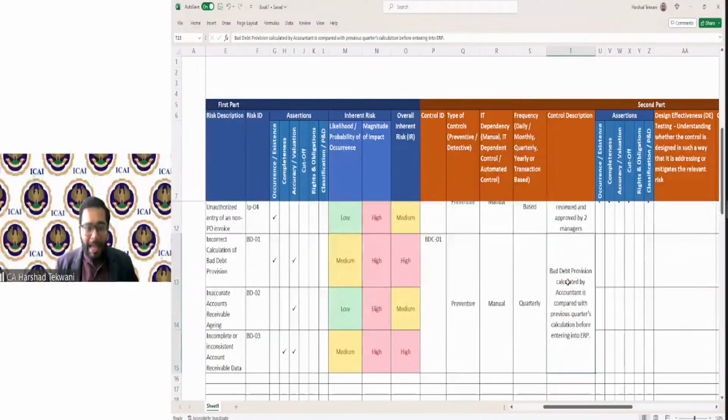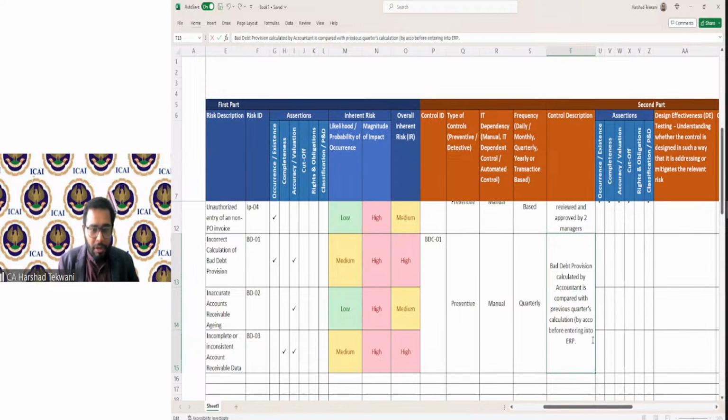That comparison is done by the accountant only, before entering into ERP. Okay, this is the control.